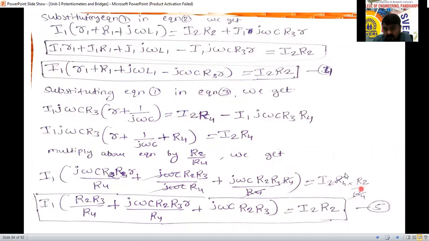See here, R4 gets cancelled, this R4 and this R4.